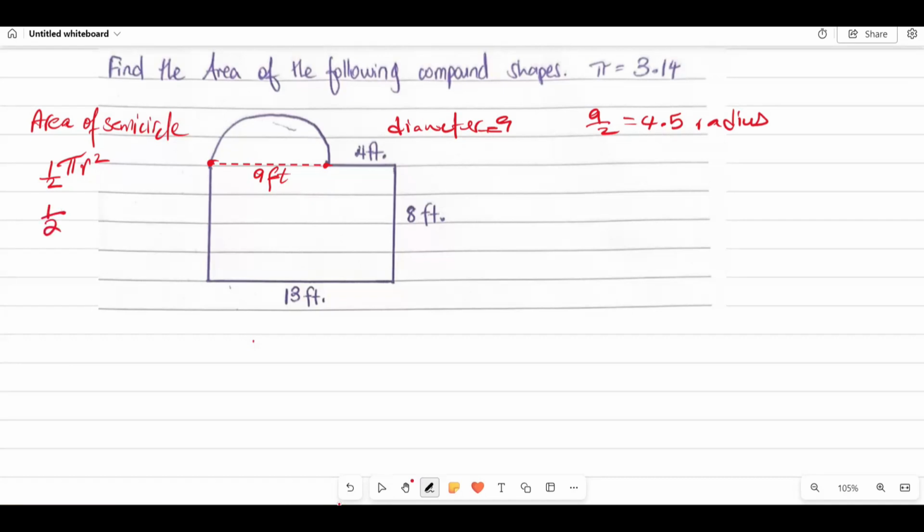So let's plug this into our formula. It's going to be a half times pi, and we're using pi as 3.14, times 4.5 squared. All we're going to do is put that in to get the area of that semicircle.